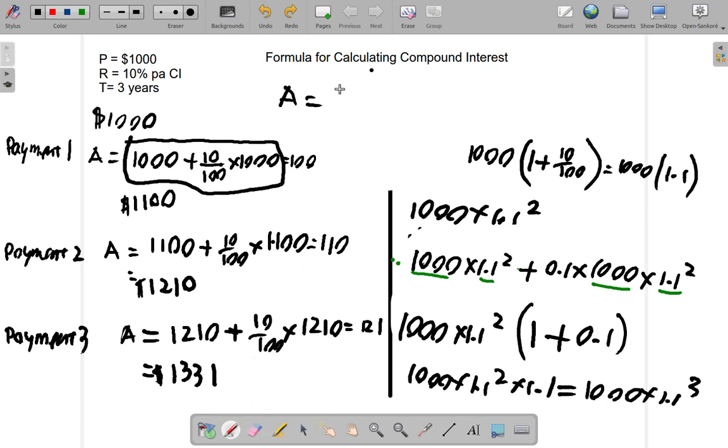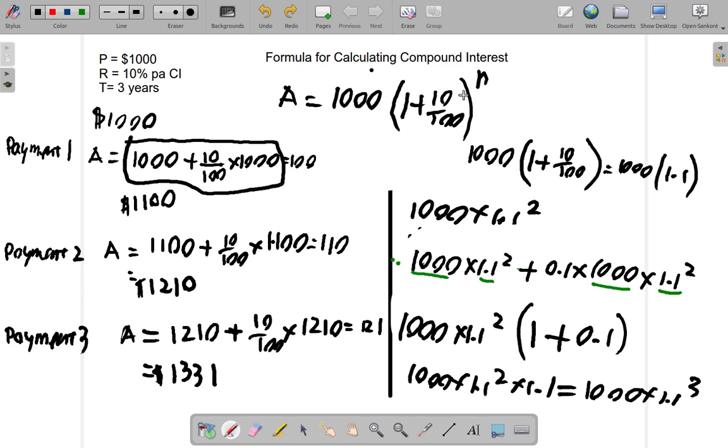The amount of money you have is $1,000 times 1 plus 10 over 100, because the 1.1 is really the 1 plus 10 over 100, to the power of 2 after the second payment. After the third payment is to the power of 3, so after n payments is to the power of n.